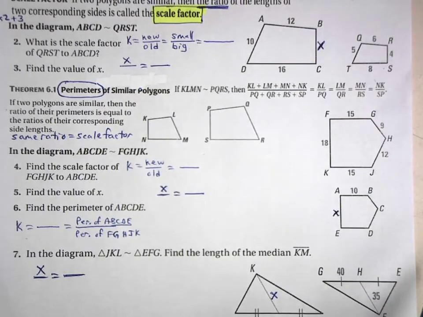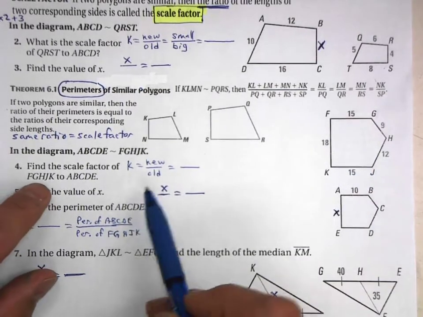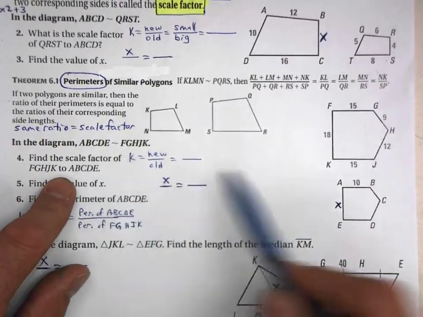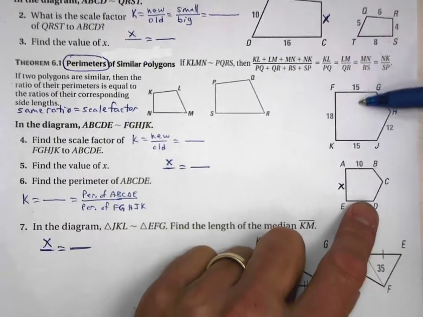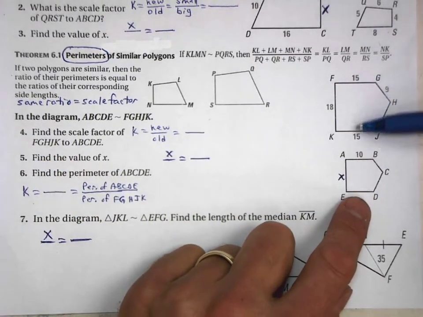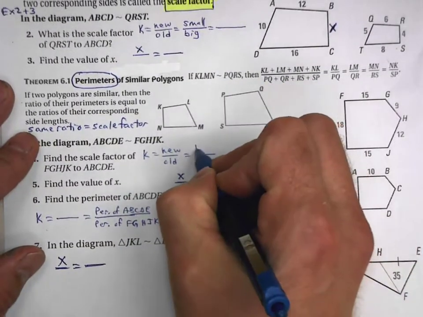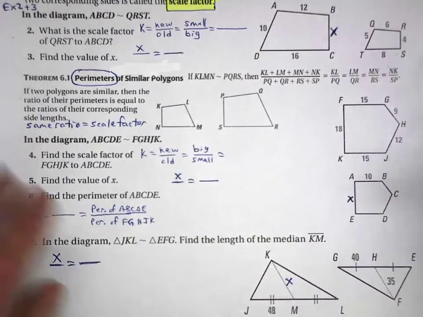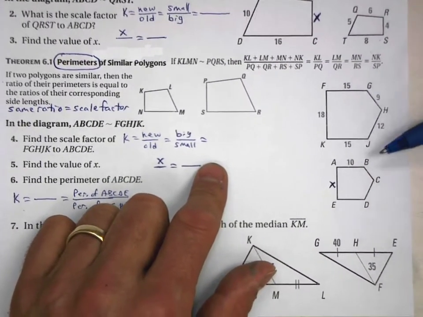Yeah, I think you are. Let me cut you loose, because I've given you a little bit of a hint here. They want us to find the scale factor, and here are the two shapes they're talking about. So they're going from the big to the small. So if you wanted to do this, you could say big over small. And so what is the scale factor between these?